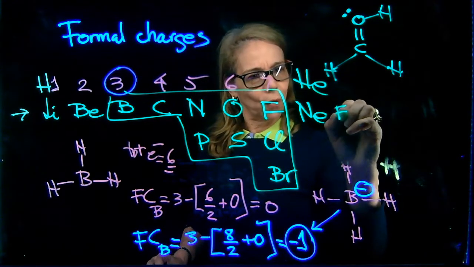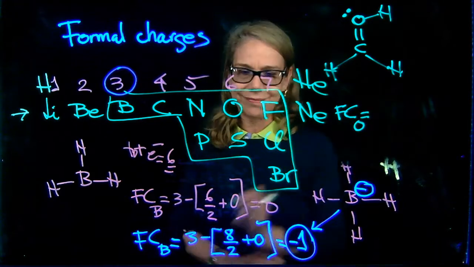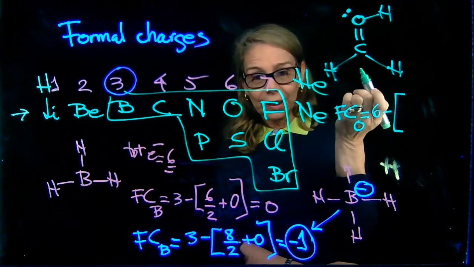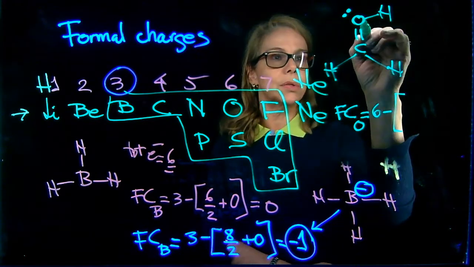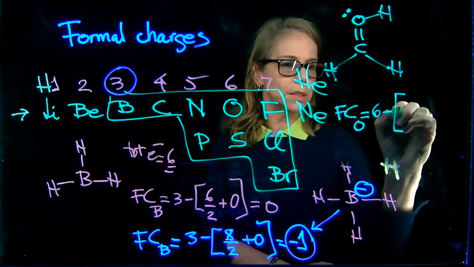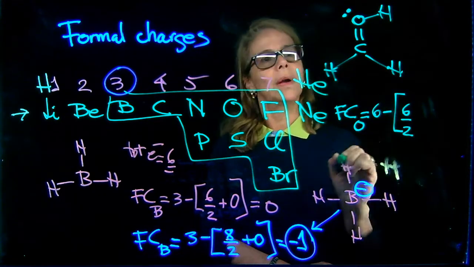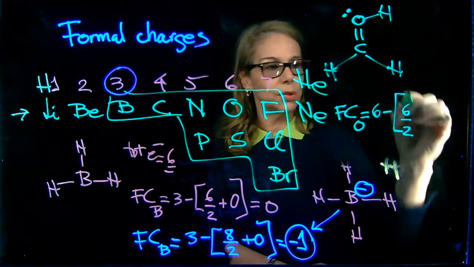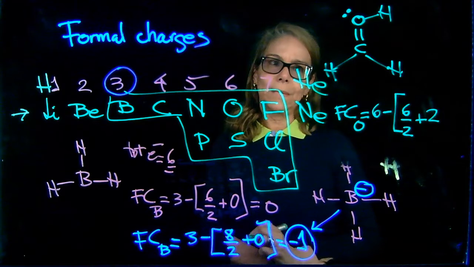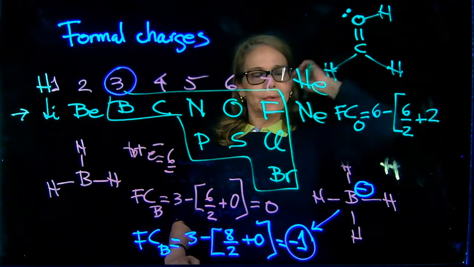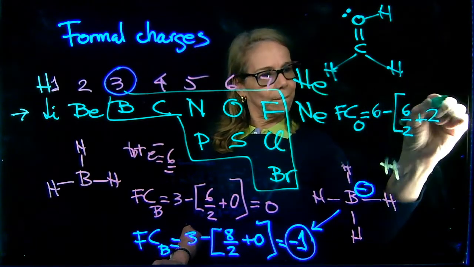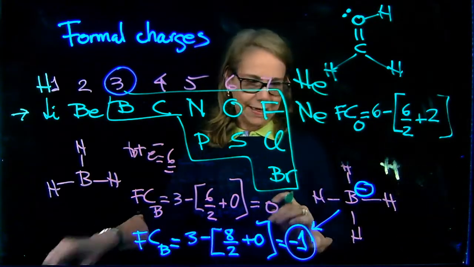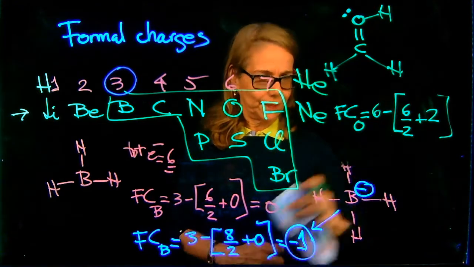So the formal charge of the oxygen is 6 valence electrons minus, and then I'm going to count the electrons in bonds, so 2, 4, and 6 divided by 2, and then electrons in lone pairs, so not shared, 1, 2. So what we have here is that this is 3 and 2 is 5.